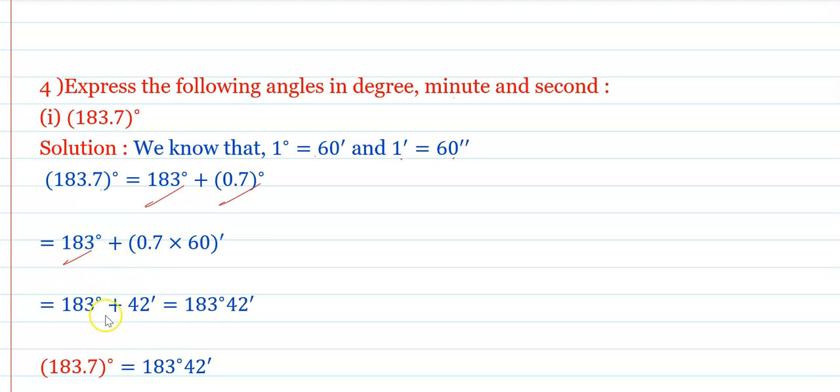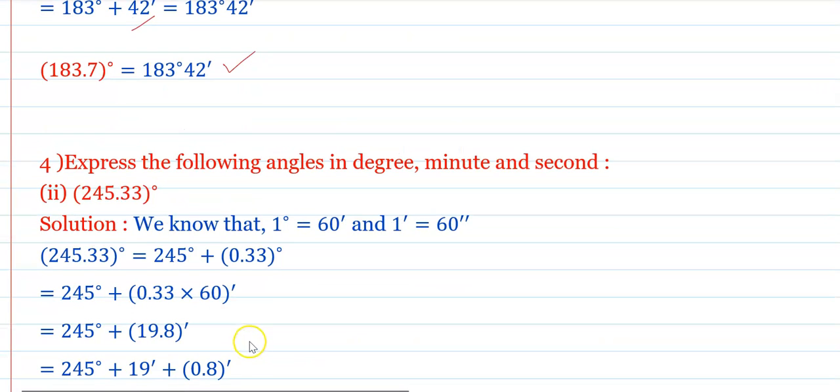Okay, degree as it is we keep. To convert 0.7 into minutes we multiply it by 60. 0.7 into 60 minutes, and their multiplication is 42 minutes. Here we get no further fraction, keep it as it is, and hence 183.7 degree is equal to 183 degree and 42 minutes.